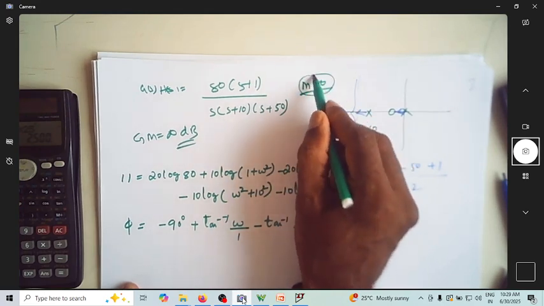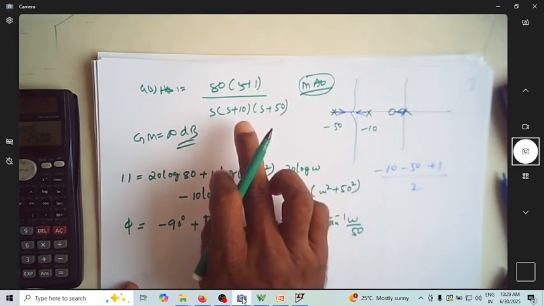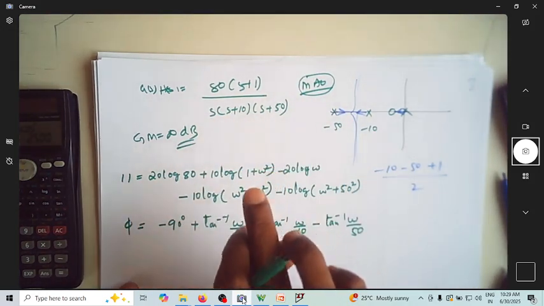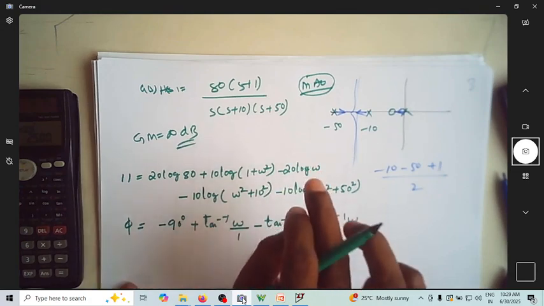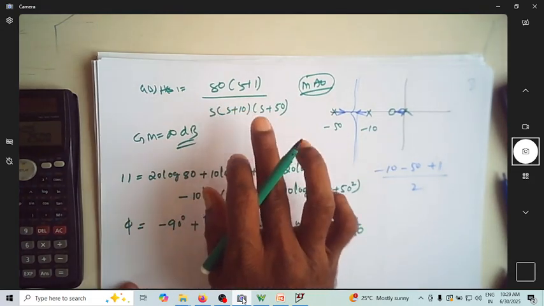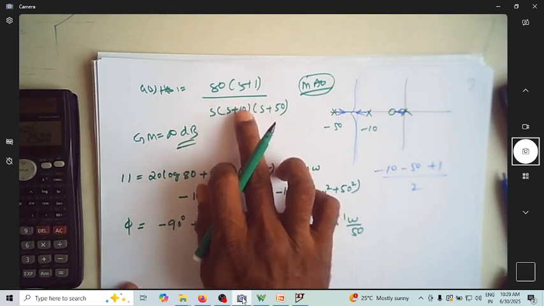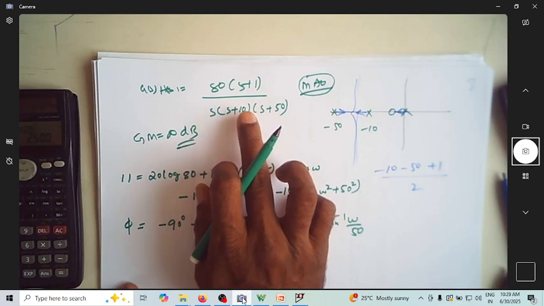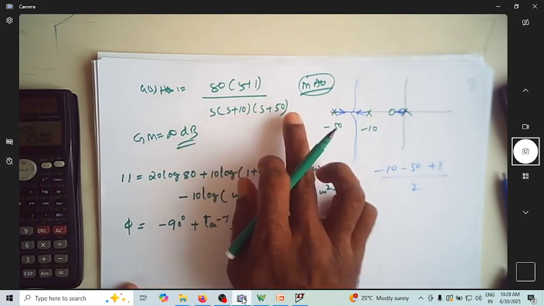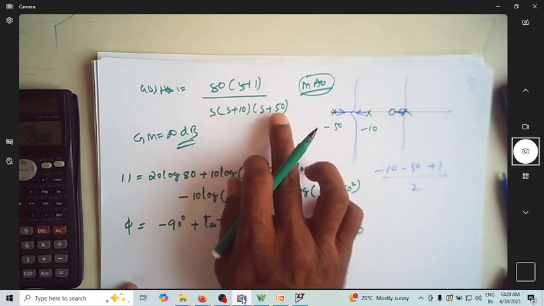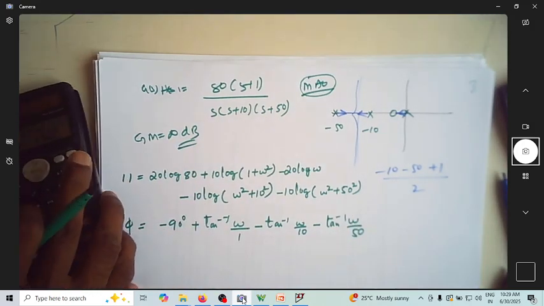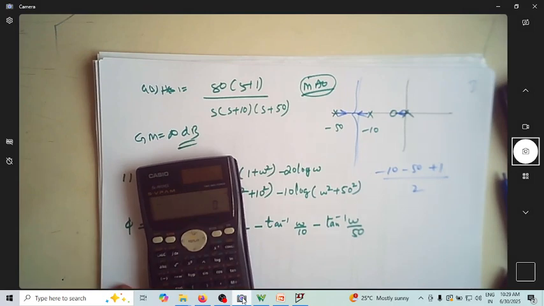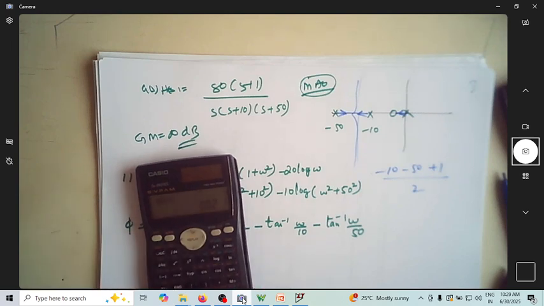To get magnitude at the origin, I should ensure that none of the terms contribute any magnitude at low frequencies. So I will take this as 1 plus 0.1 s, and here it is 1 plus, 1 over 50 is 0.02.